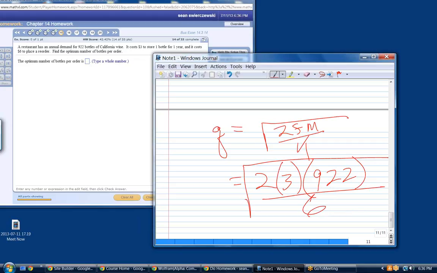$922, right? K is supposed to be the fixed costs. No, F is the setup cost.